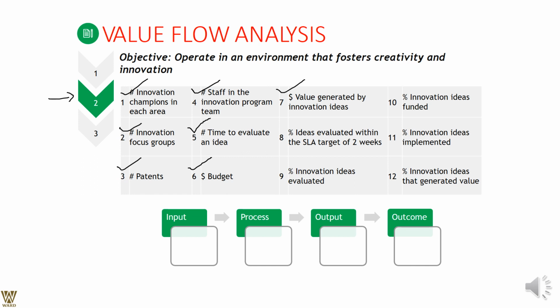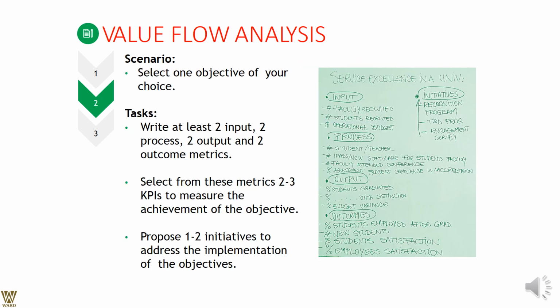We will talk about the VFA again in terms of the ideas being evaluated, the targets within 2 weeks, innovation ideas evaluated, funded, and implemented. Now remember, these are all innovation ideas that might generate a value, might not. It is part of your value flow analysis.